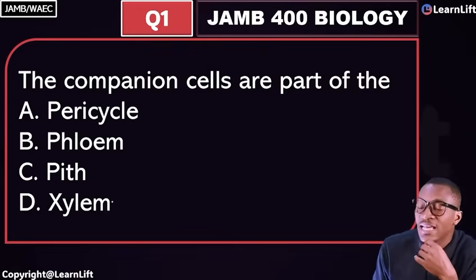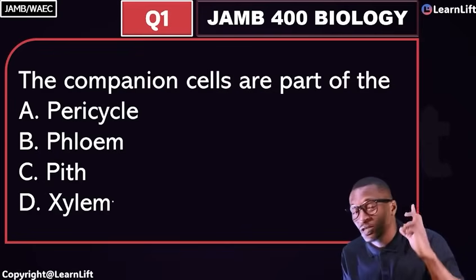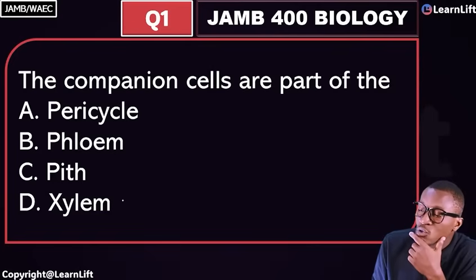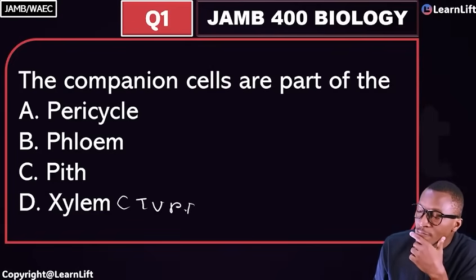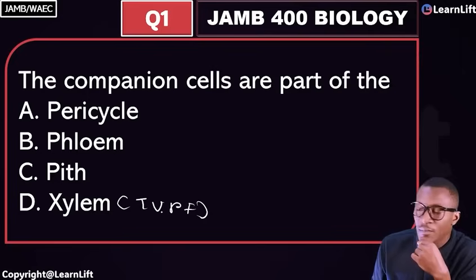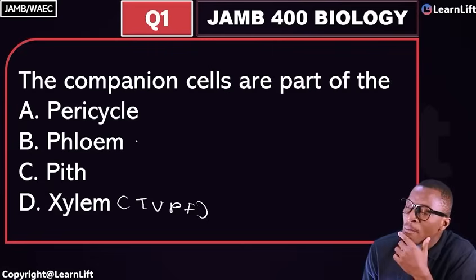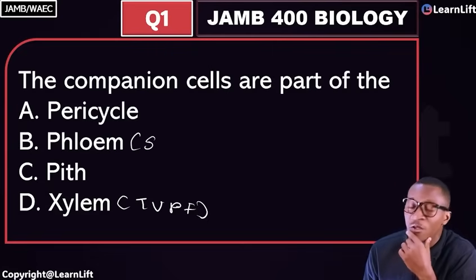First, hope you know that xylem is a tissue. I explained that when I was teaching the tissues of plants. Xylem is a tissue, and as a tissue, it consists of 4 cells. I call them the TVPF: the tracheid elements, vessel elements, parenchyma, and fibers. The phloem is also a tissue.